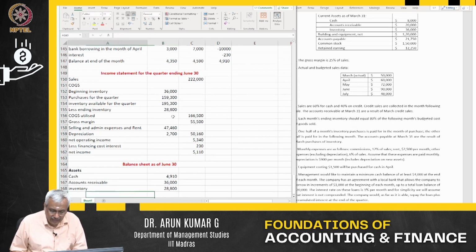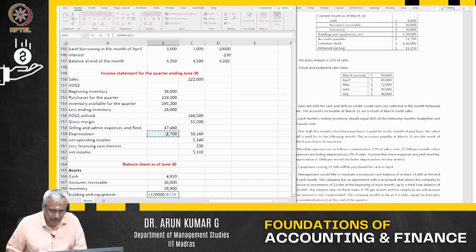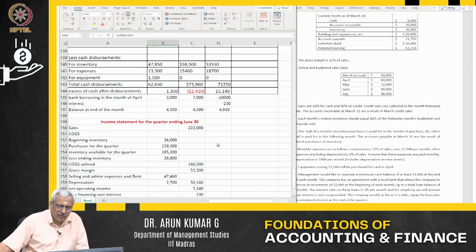Then I have building equipment, etc. What is the value of the building and equipment as per the balance sheet? 1,20,000 minus the depreciation part of it. That is the value of the building and equipment out there. Is this all? No, there is one small issue. Please understand, you bought one more equipment out here for 1,500.